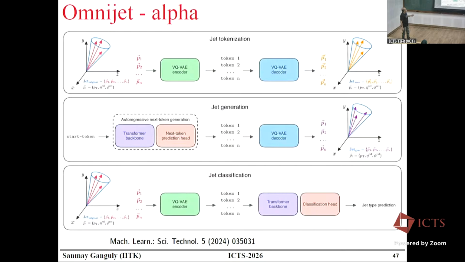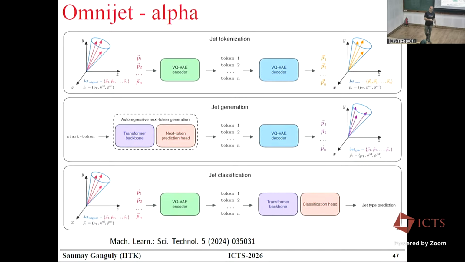The one which is in the market right now is called OmniJet, or there's a variation called OmniJet Alpha, where the jets are represented as tokens. So the whole idea is that if a jet has n particles, you represent it as an initial token, a final token, and there are n tokens inside. Now, how this tokenization works is a little technical.